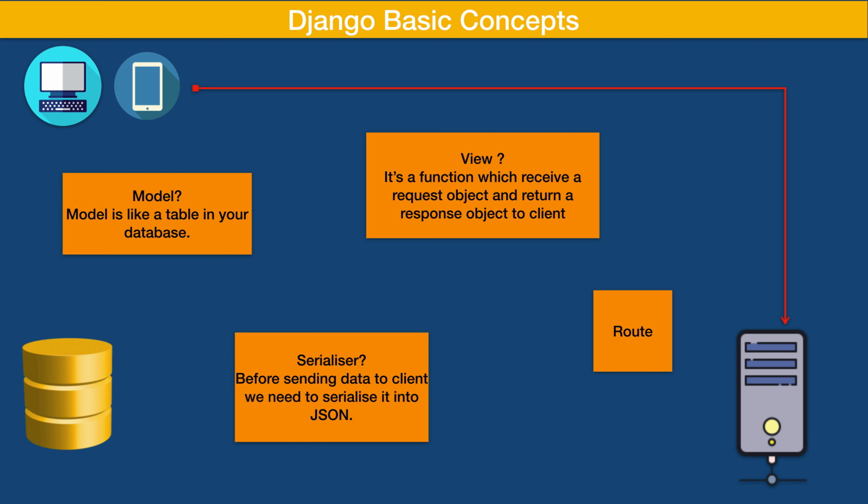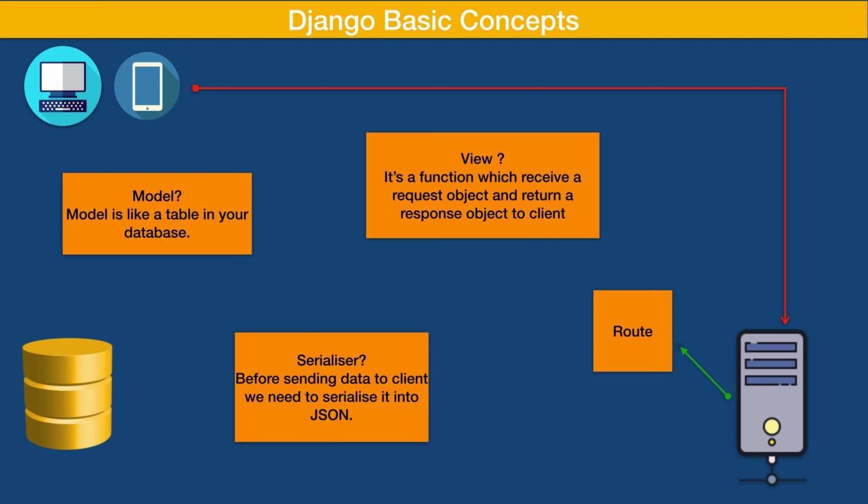We have a serializer. So what does serialization mean? Before sending data back to the client after we have received a model, we need to convert that into JSON or XML or even simple text. Preferably, web applications or mobile applications work with JSON data. So using serializers, we can convert the model into JSON, and then the View takes that data and sends it back to your client.